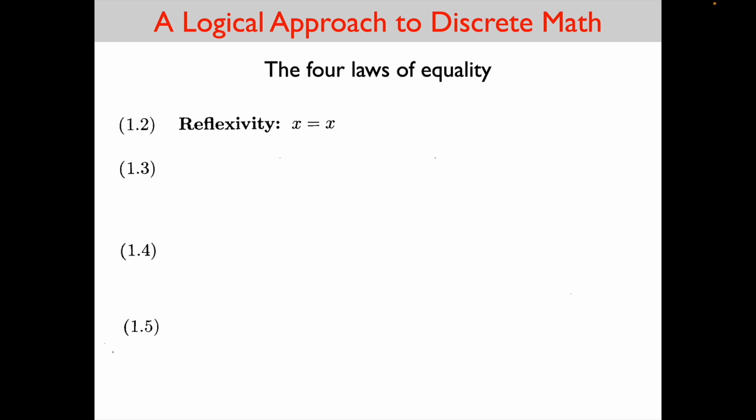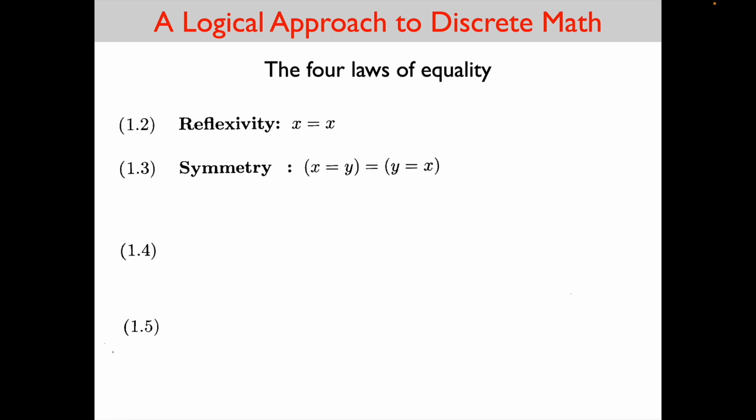By the way, I always remember this as the acronym RSTL, R-S-T-L. So R for reflexivity, S is for symmetry. Symmetry says that X equals Y equals, parentheses, Y equals X. These are properties of equality that I'm sure you are already familiar with from algebra.